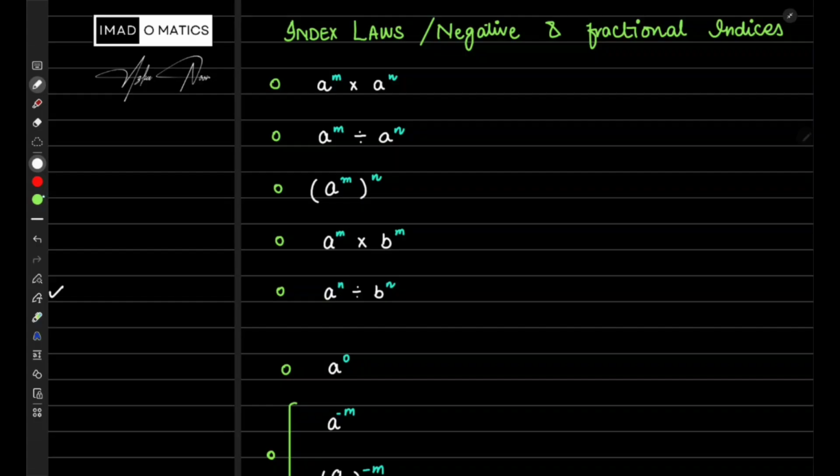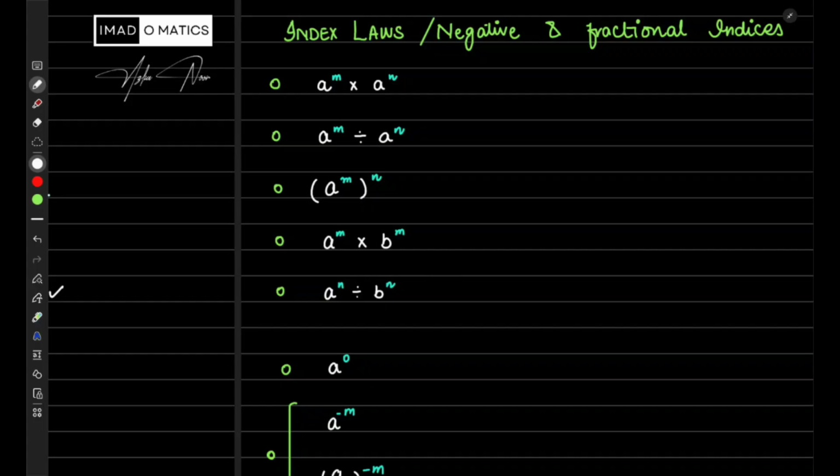Whenever we come across numbers or variables with some powers and they are multiplied or divided, their powers have to be dealt with in a different way. Either their powers add up or get subtracted or multiplied. So how did this happen? What are the rules of it? We will be discussing that.